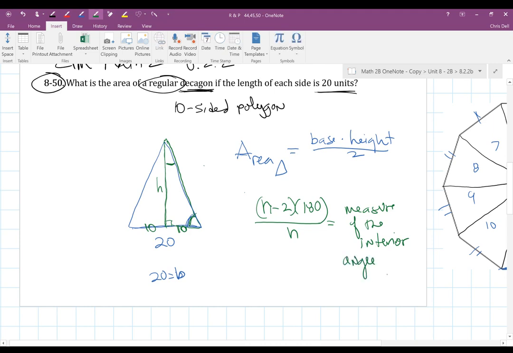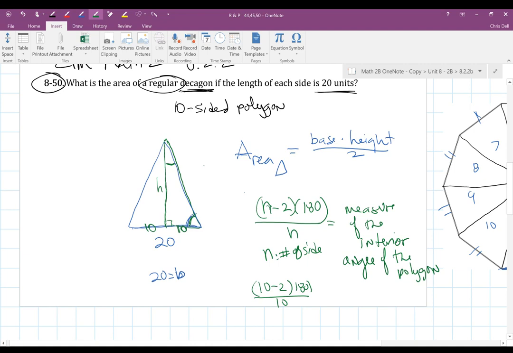N represents the number of sides, and I know it to be 10. So I have 10 minus 2, times 180, all divided by 10.